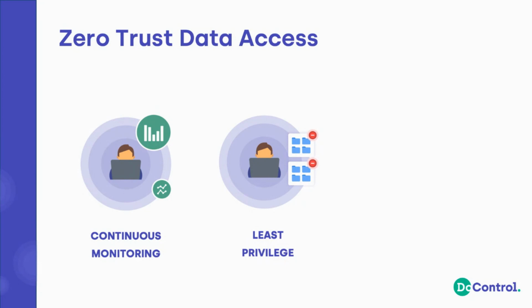And we integrate, again, with your most critical SaaS applications, and we provide very consistent and granular data access controls that are easily customizable and can be applied to all the different organizational departments that are synced from your HR SaaS application, again, or your IDP solution.